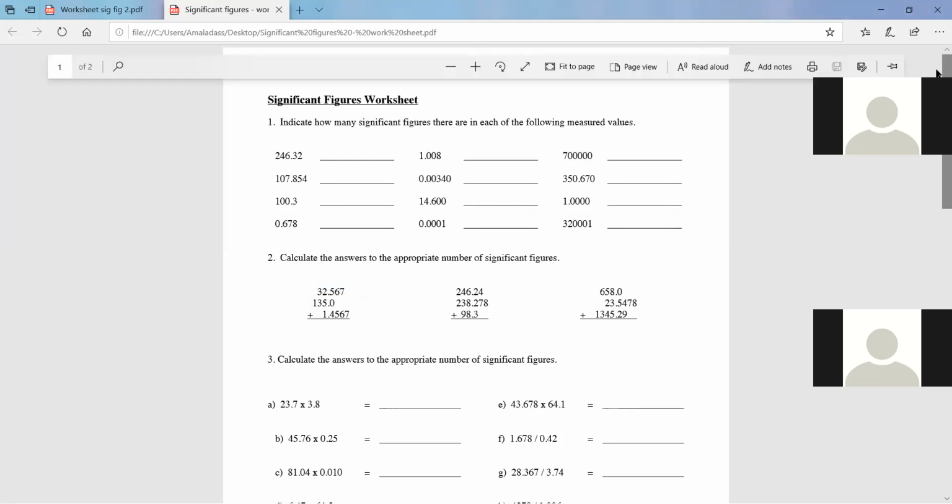32.567 and 135.0 and 1.4567. Please add, normal answer. 169.0237.